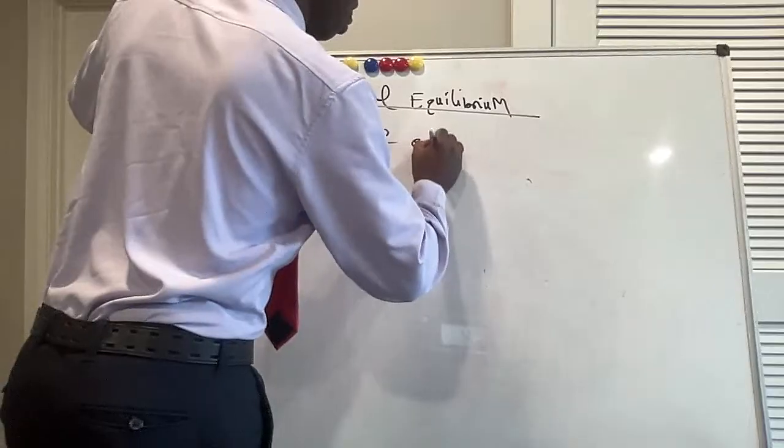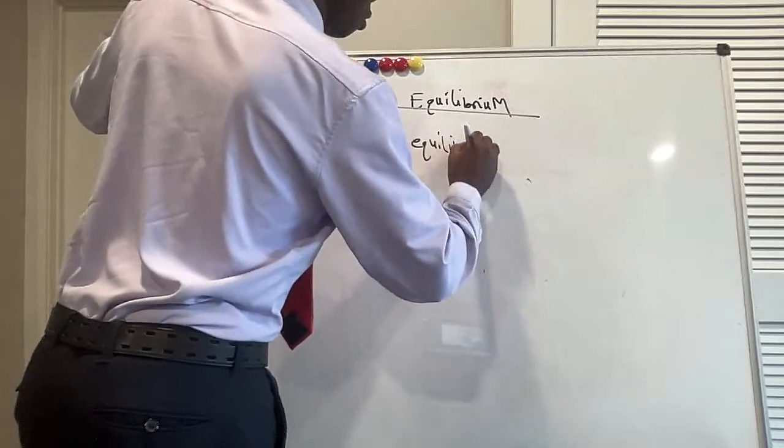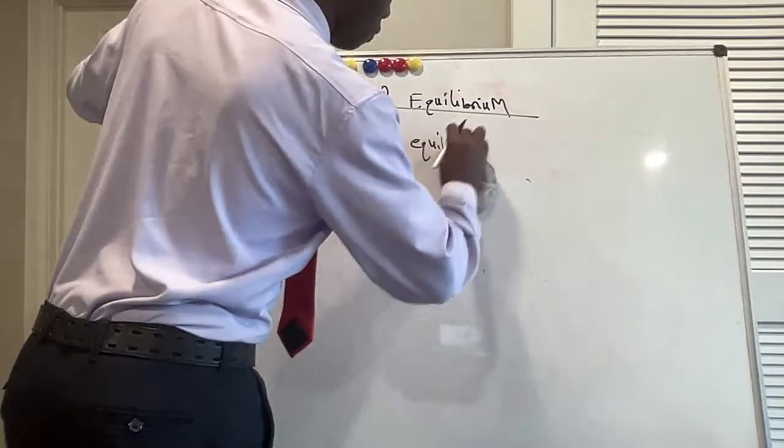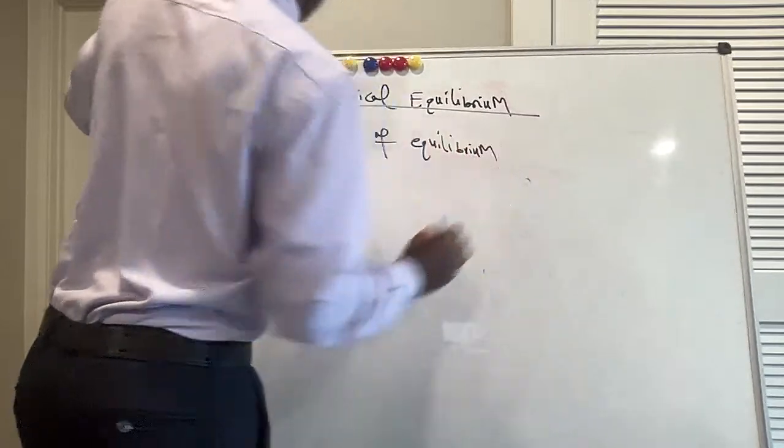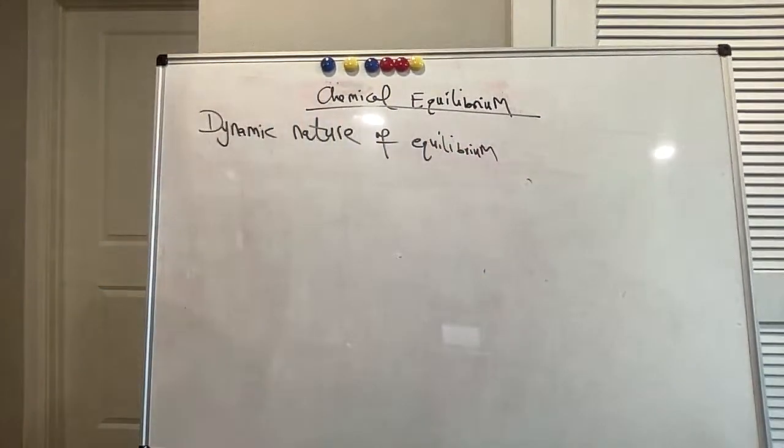Of equilibrium. Dynamic nature of equilibrium. So now we can see at equilibrium, the reaction does not stop.